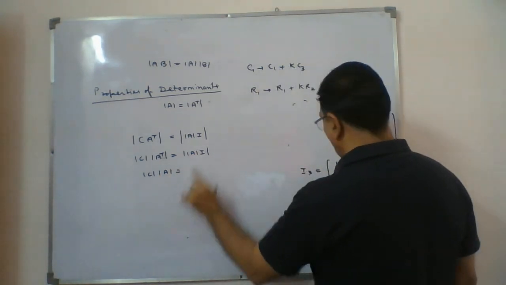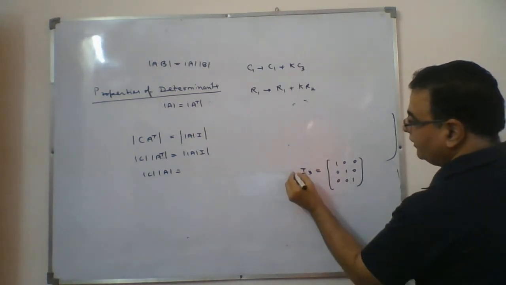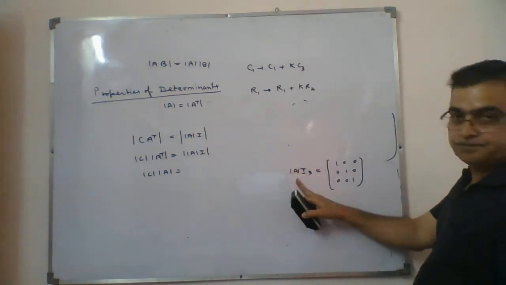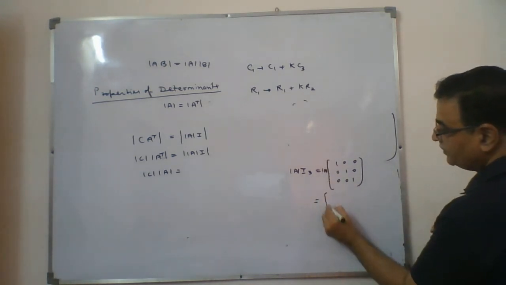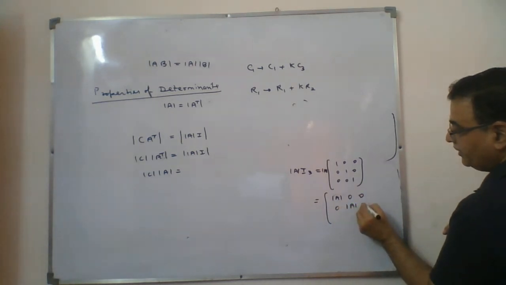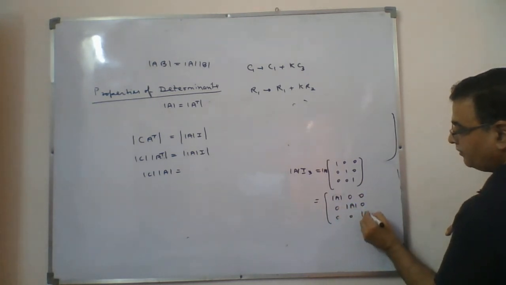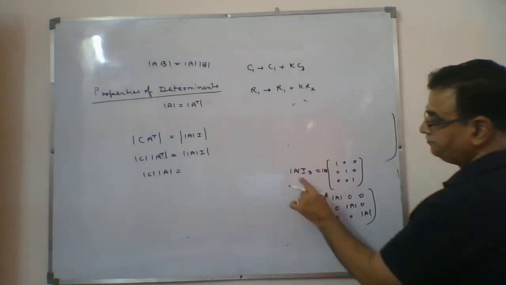And here, a very important result. If I take determinant A into I, determinant A is a number. So when I take the determinant A multiplication, what will this come to? This will come determinant A 0 0, 0 determinant A 0, 0 0 determinant A. Right or no? This is A I3.